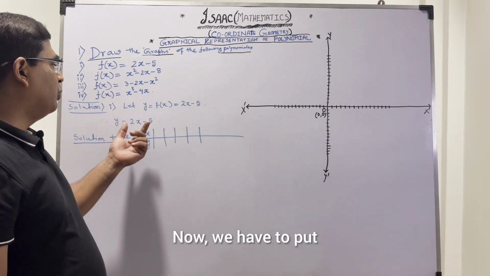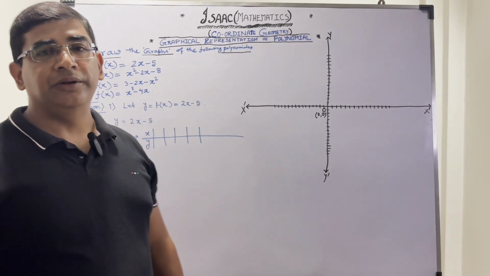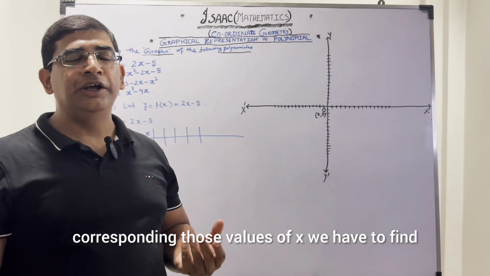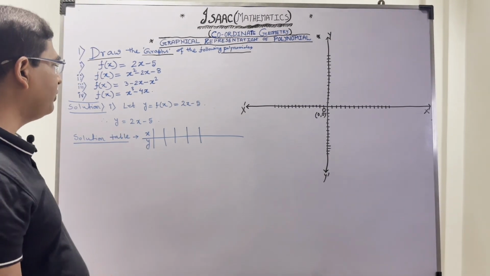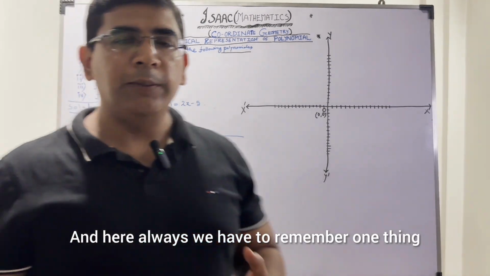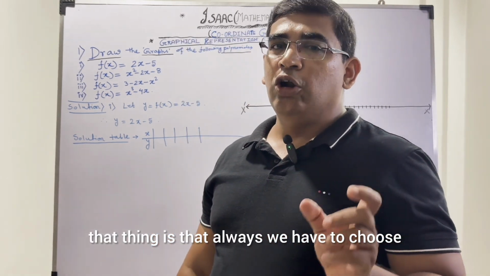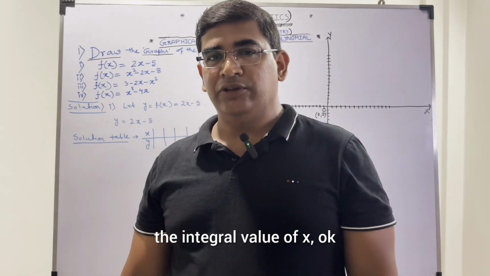Now we have to put some values of x, and corresponding to those values of x we have to find what the values of y become. Here we always have to remember one thing: we always have to choose integral values of x.